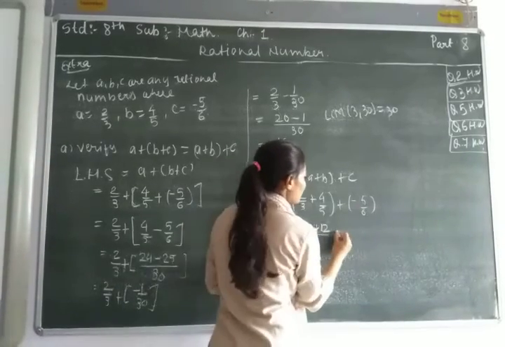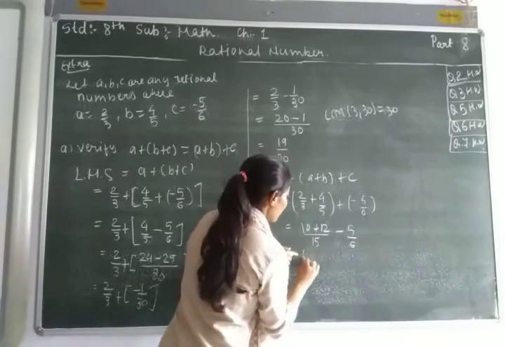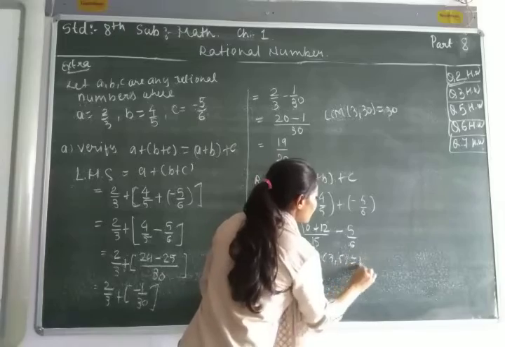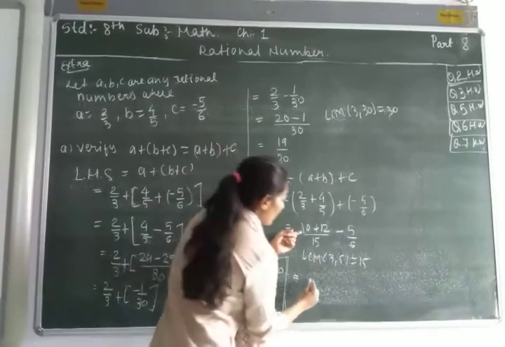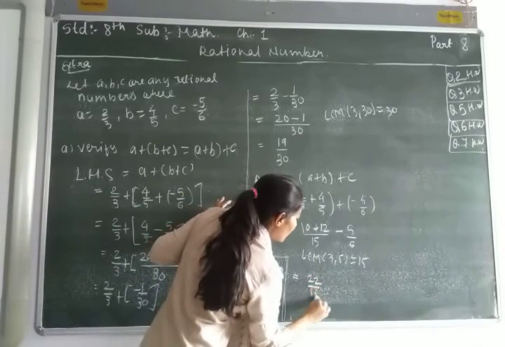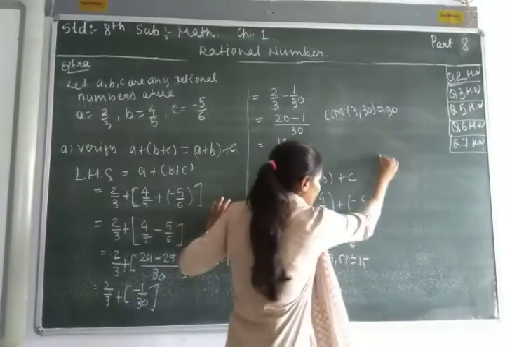Again minus, plus minus 5 by 6. Here we have taken the LCM of 3 and 5, which is 15. Now again what is left over here? That is 22 upon 15 minus 5 by 6.